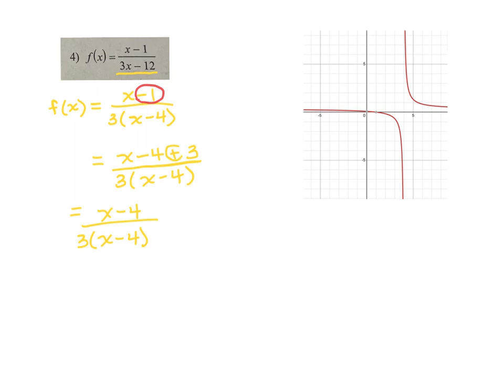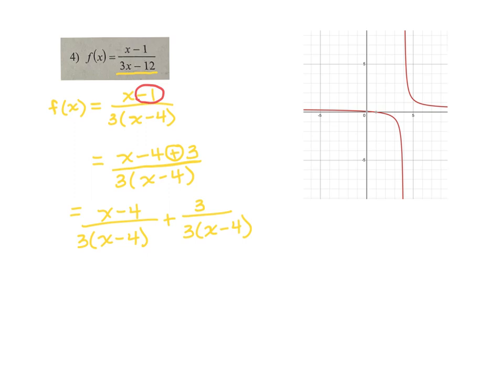And then I have this plus sign because I added on a 3, and that 3 is still over 3 parenthesis x minus 4. Because remember, as long as they have the same denominator, I could just add them and put them back together. So all I've done is separated the top into x minus 4 and plus 3 and then kept them over the same denominator.